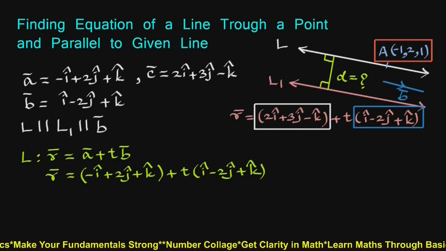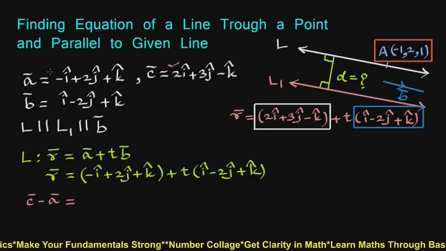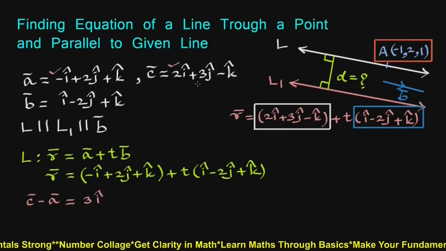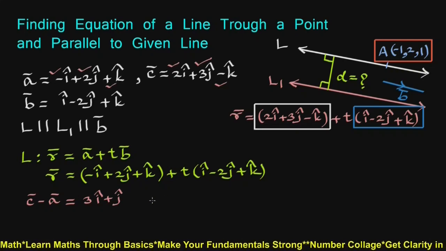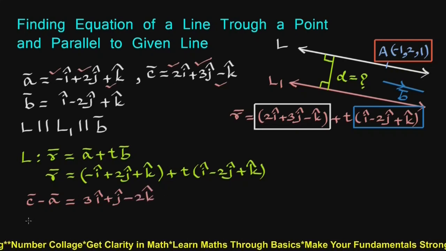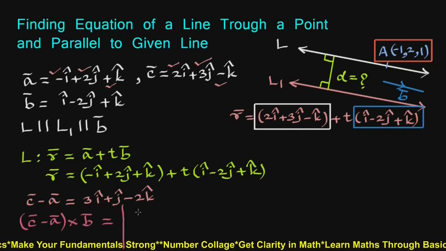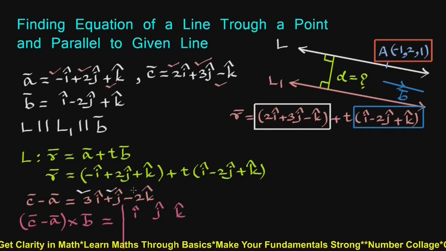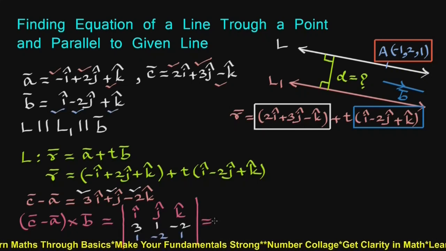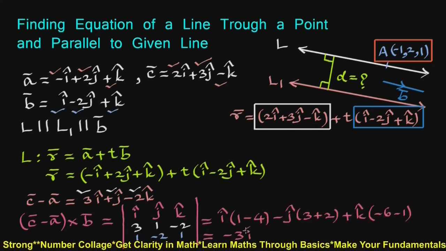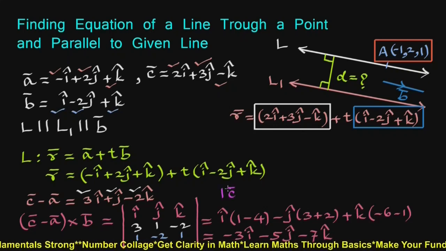For shortest distance we shall need c bar minus a bar, which will be (2 plus 1) i cap plus (3 minus 2) j cap plus (minus 1 minus 1) k cap, and the cross product of c bar minus a bar and b bar will be the determinant i j k, 3 1 minus 2 and 1 minus 2 1, which is minus 3 i cap minus 5 j cap minus 7 k cap.